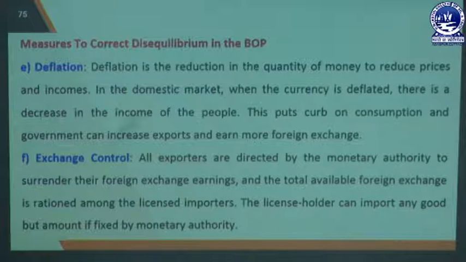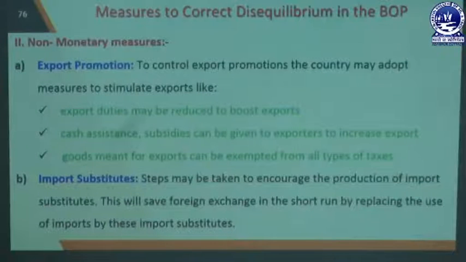So through exchange control, a country can correct the disequilibrium in the balance of payment.